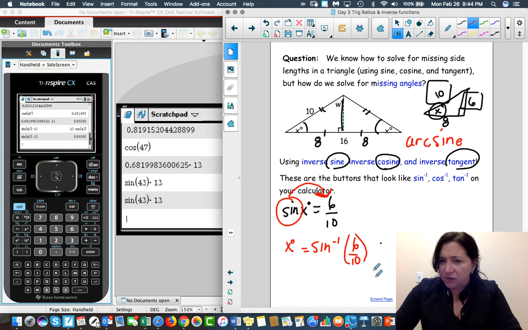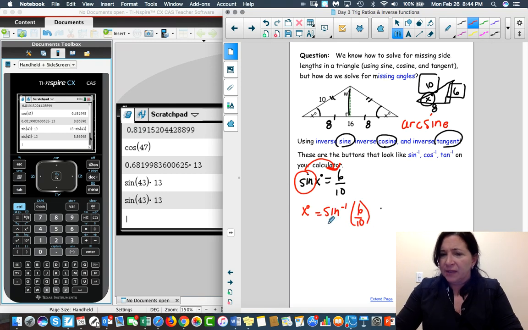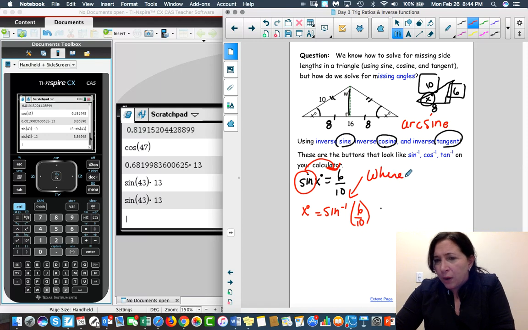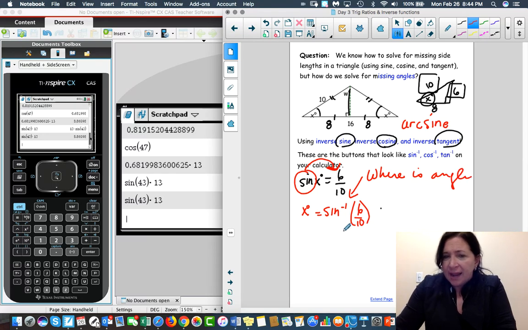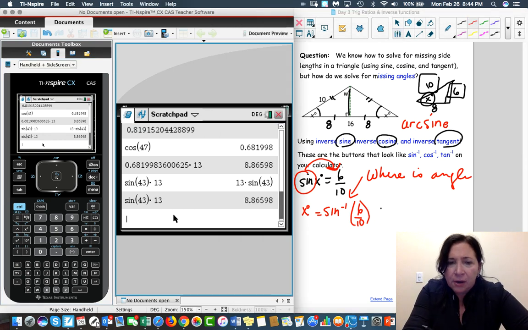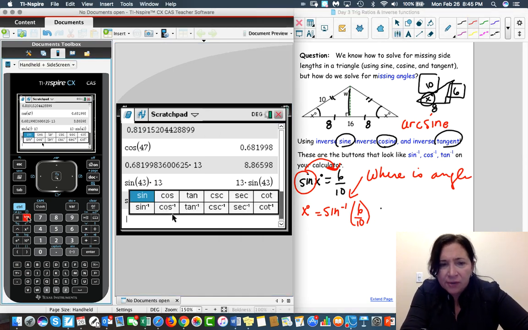6 over 10. So what's going to happen is I need to know where that angle is. So by asking the inverse sine, that's saying at what angle or where are you? What angle has a ratio of 6 over 10? So on your calculator, you're going to go for where it says trig, and you're going to look for the arc sine.